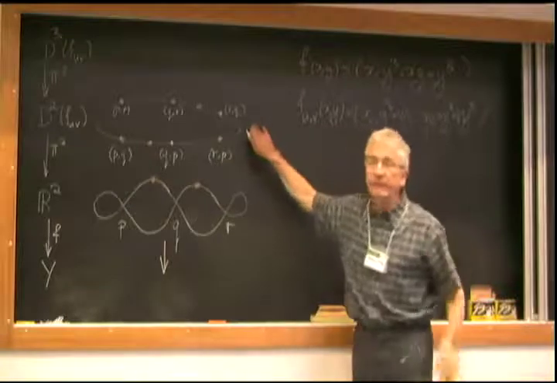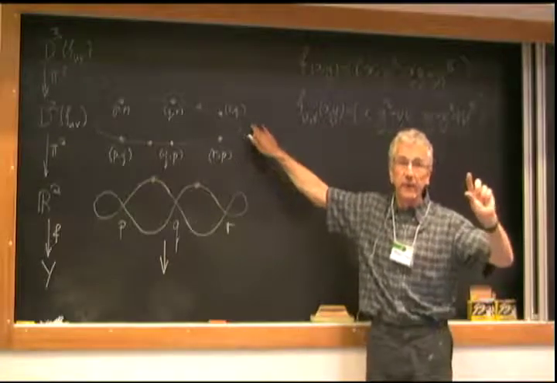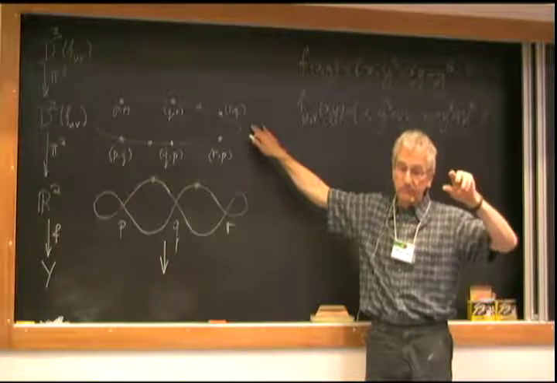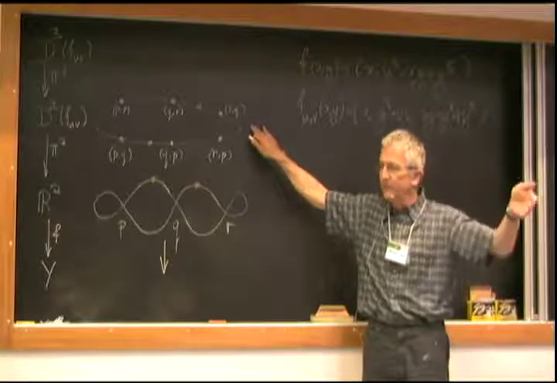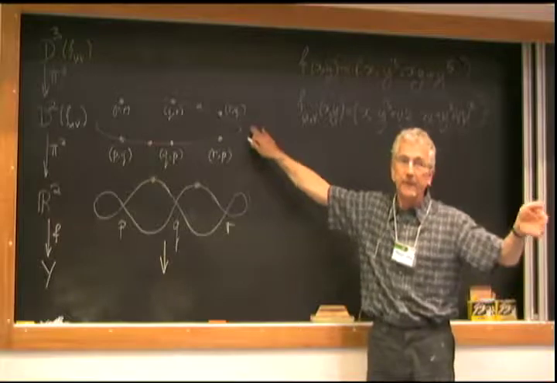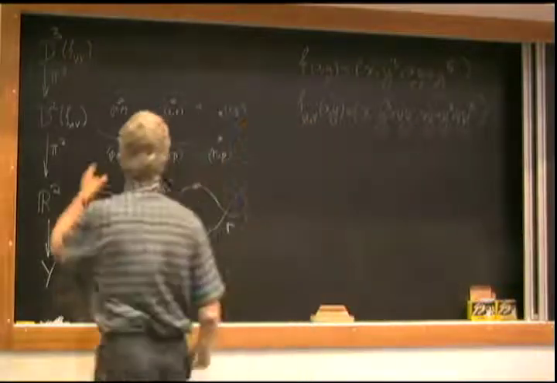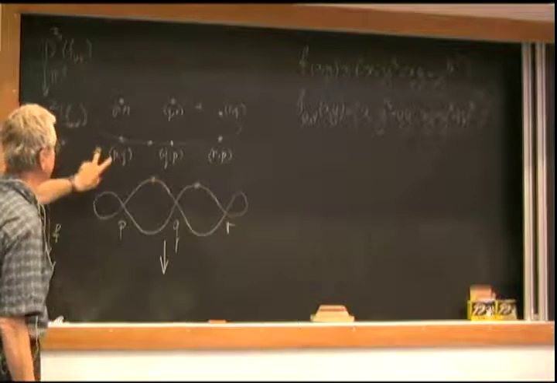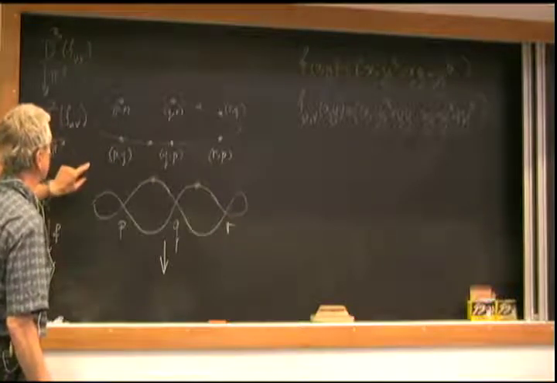So the set of pairs of points mapping to the same image is topologically a circle, and it has an involution, because the involution simply exchanges pairs of points.